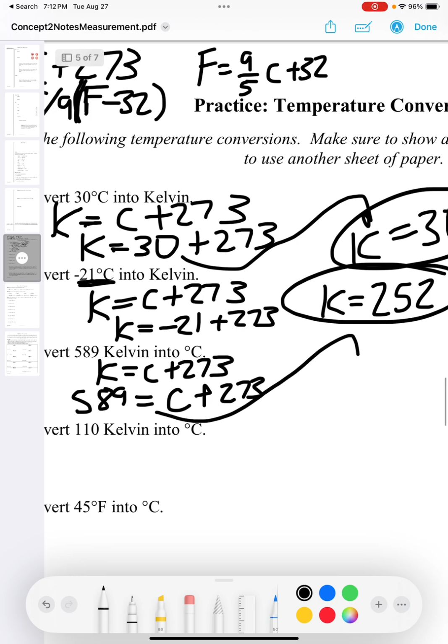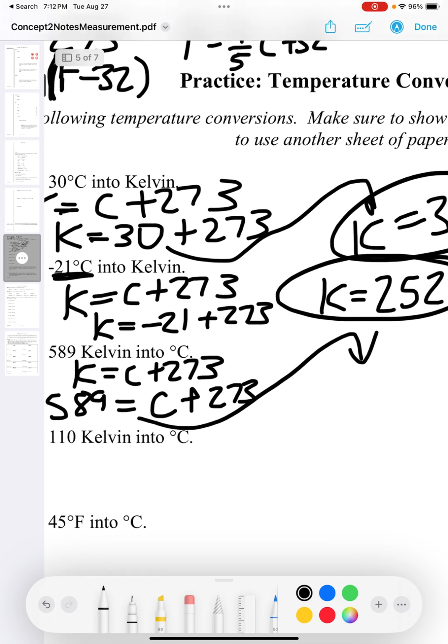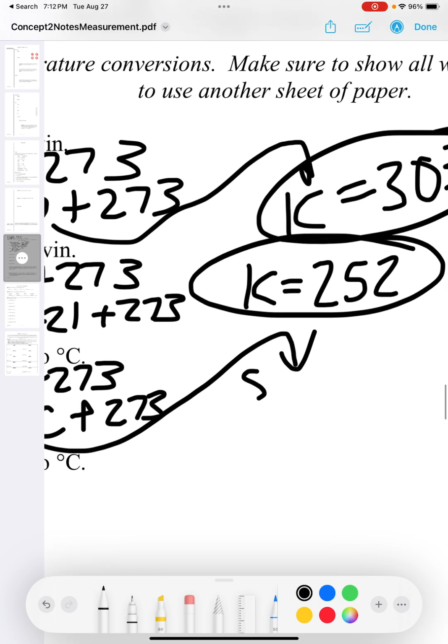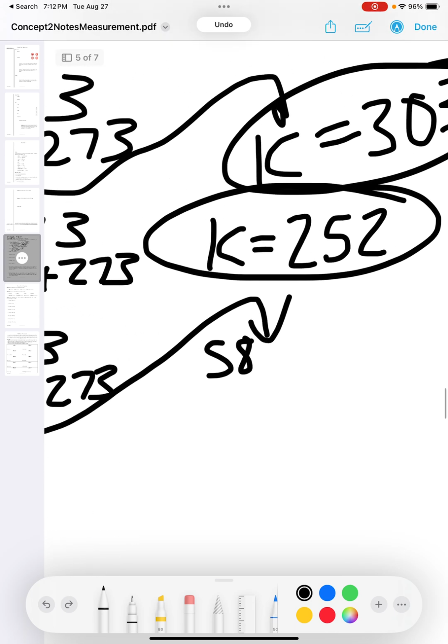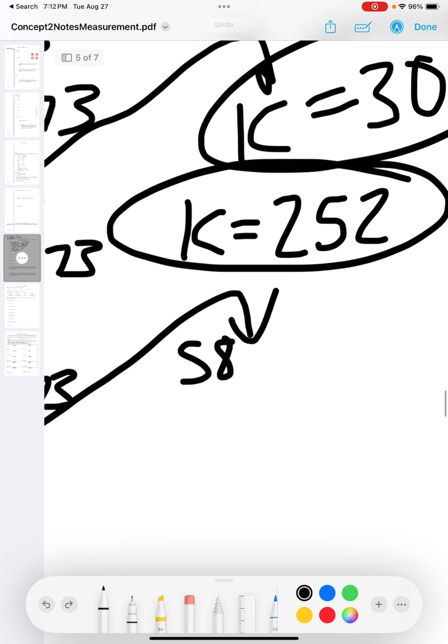Okay, so I'm running out of space. I'm gonna scooch over here. So what I need to do then, I'm gonna rewrite that way we can work off of it. 589 equals C plus 273. Okay, so we have to get C by itself.